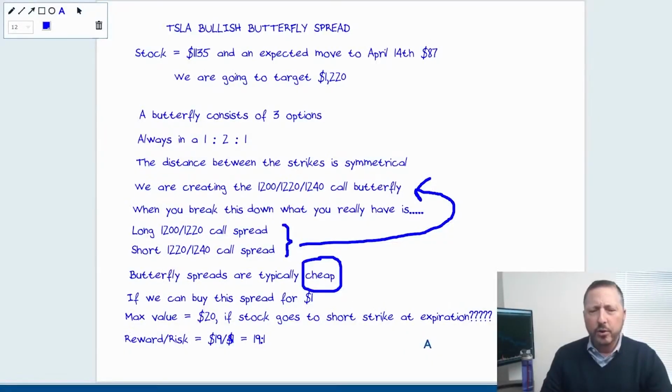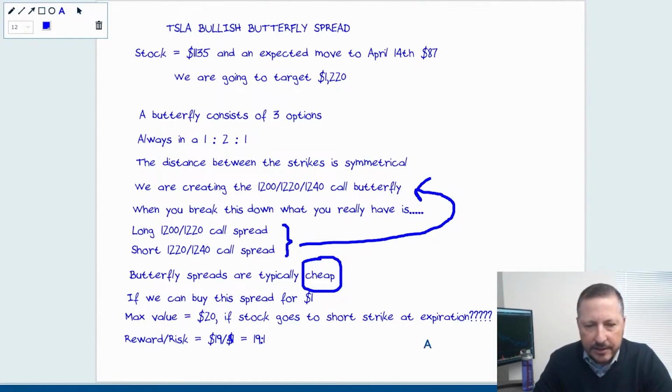When we typically look at reward to risks on different types of spreads that we're trading, we've discussed this before, we're sometimes looking for 2.5, 3 to 1, maybe a little bit more than that. But you can see here on a butterfly, you're getting a massive amount of bang for your buck. So what does that tell us? If we put on a position that has this massive potential, what is that telling us?